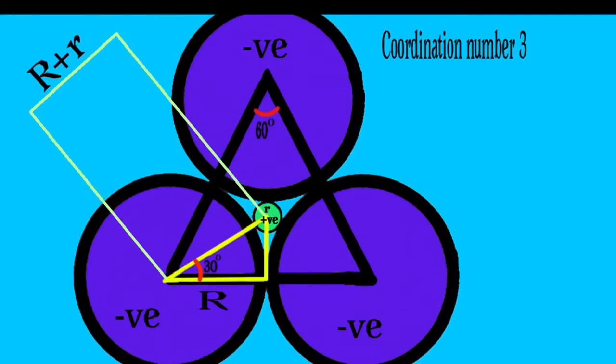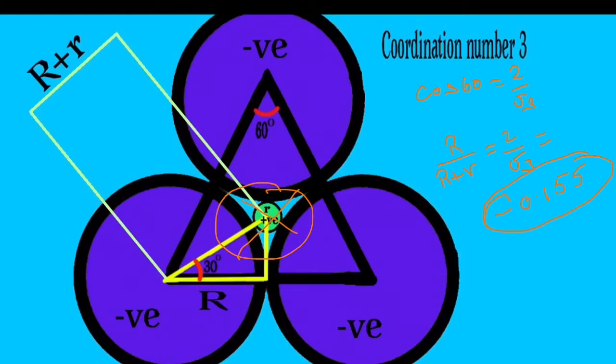Some people might ask, what if we take cos 60? So cos 60 gives R by R plus r equal to 2 by root 3, and the value is minus 0.155, which means this is not existing.